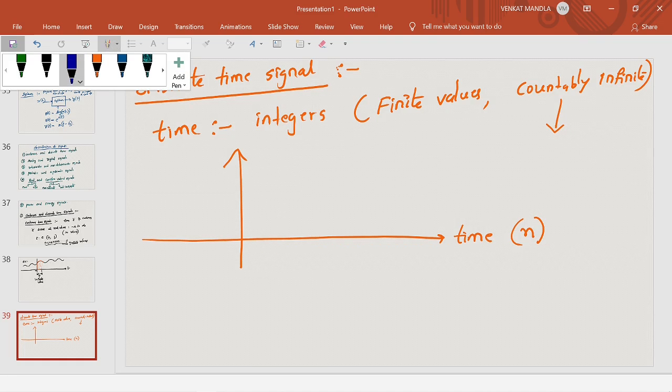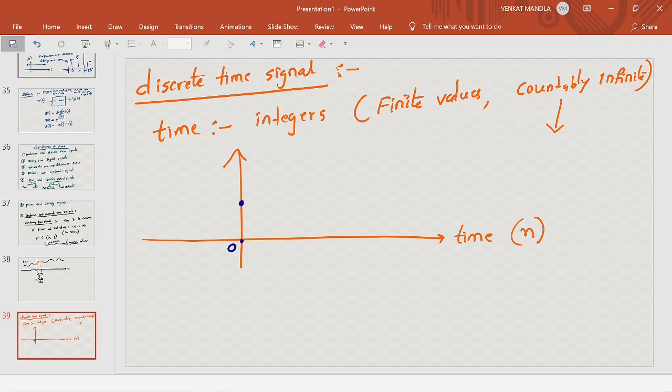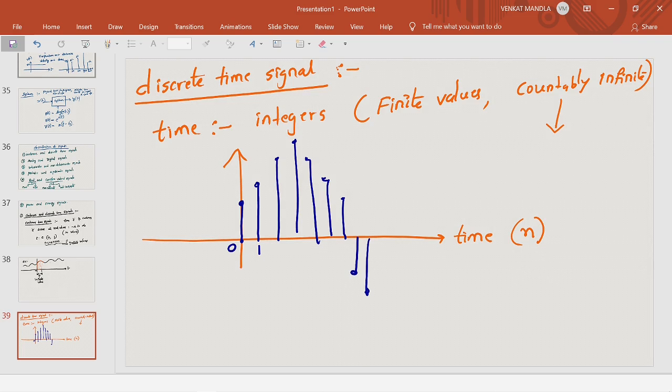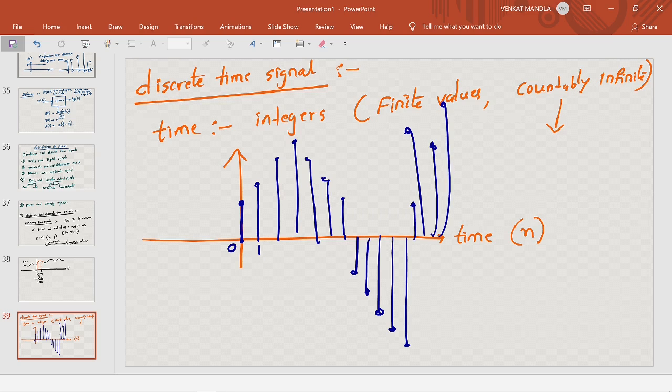Let us say the signal is at 0, 1, 2, 3, 4, 5, 6, 7 like this.